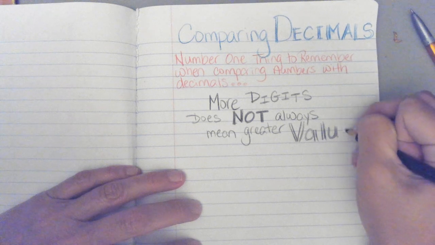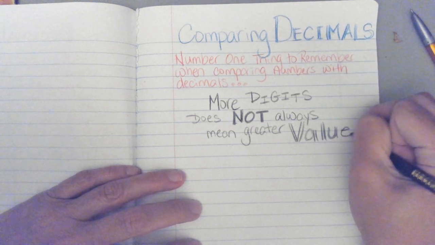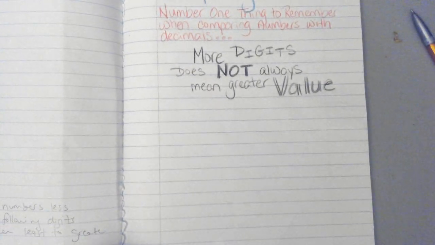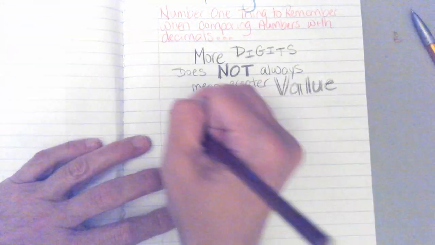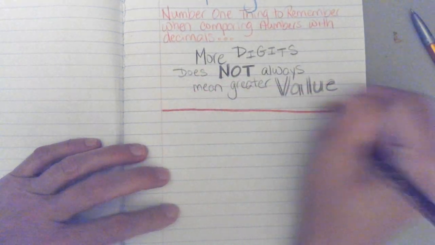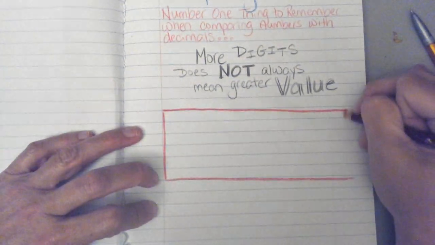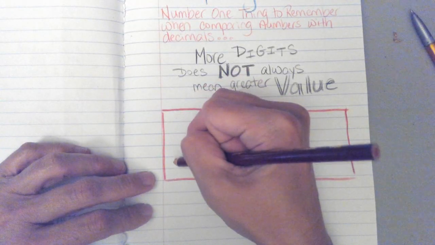And what do I mean by that? Okay, so I'm actually going to give you some examples here. So for my examples, I'm going to make a little box, a little window. So let's see, I went down 1, 2, 3, 4, 5, 6 lines. Okay.